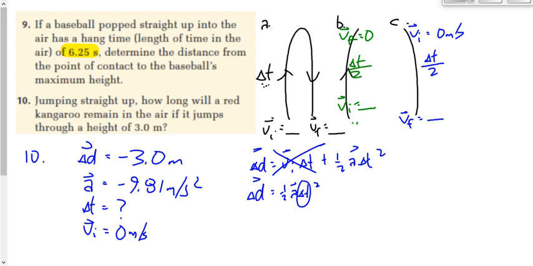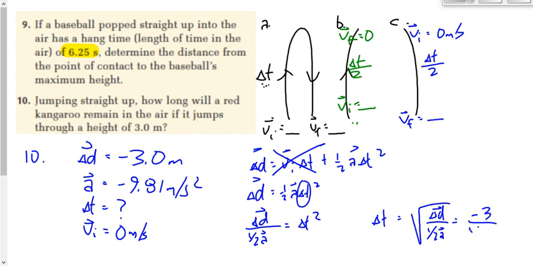So let's solve for t. Let's take the half a over by dividing. So we're going to say d over 1/2 a equals t squared, and then t will be equal to the square root of that. We're going to find that we get a number that's not actually the right answer, but we'll deal with that in a second here. -3 divided by 1/2 of -9.81.